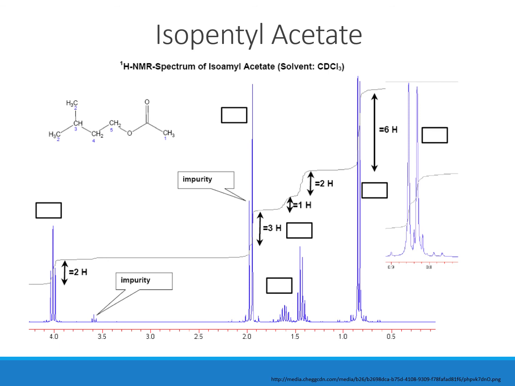In general, we expect to have 1, 2, 3, 4, 5 signals. However, you have 1, 2, 3, 4, 5, and 6 signals. In fact, 7 signals, because you have a signal at about 3.7 and 2.1 something. Those are impurities.